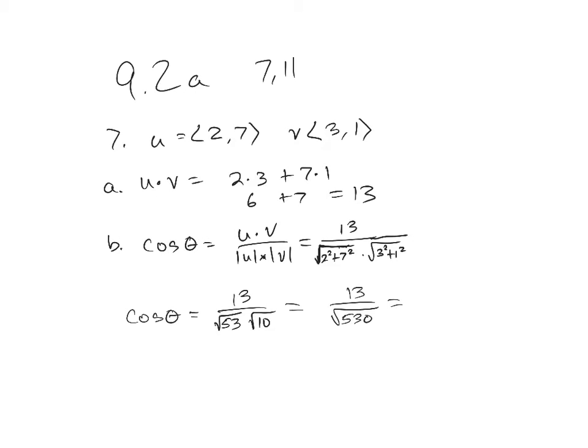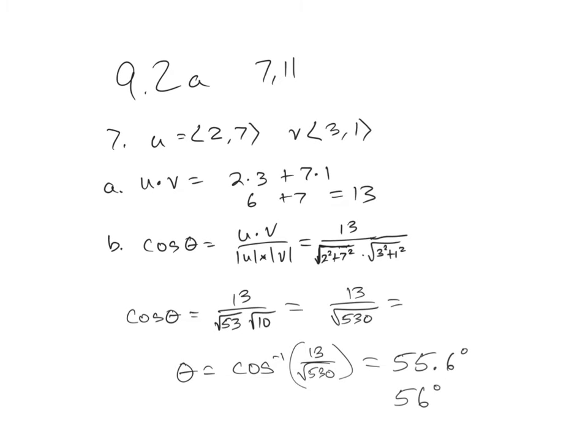To get theta, you have to take the arc cosine of that value, 13 over the square root of 530, and you get 55.6 degrees. It says round to the nearest degree, so this would be 56 degrees. That should be in the back of your book.